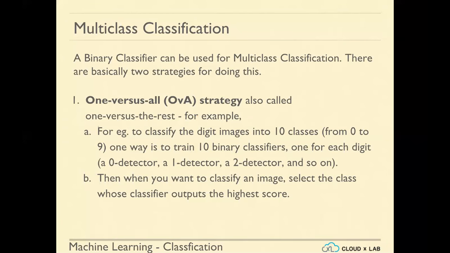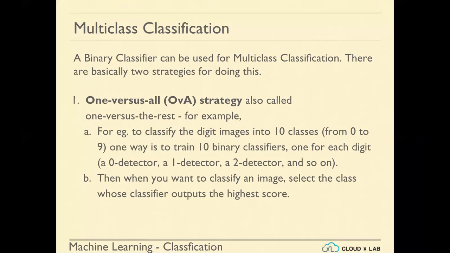There are two strategies. One is called one versus all. One versus all means we convert our multi-class problem into binary problems by way of this strategy.